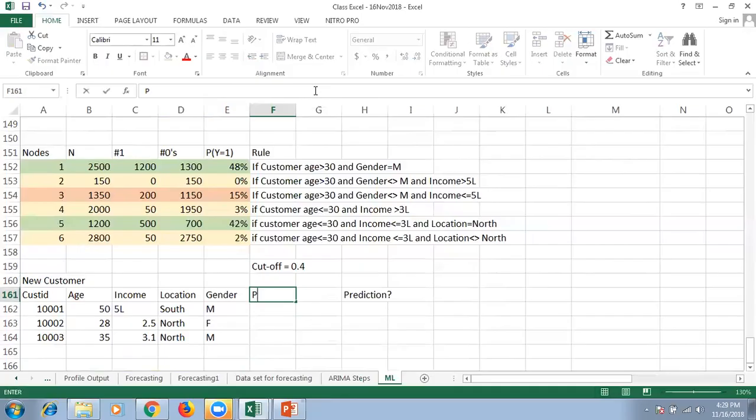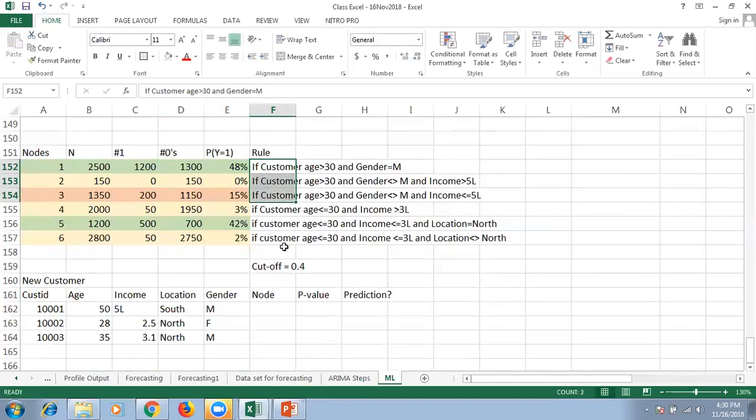Now first of all, what is the P value for this? What is the node, and which segment does it belong to? Age 50 means greater than 30, so it's either this one or this one, because these three are possible for greater than 30.